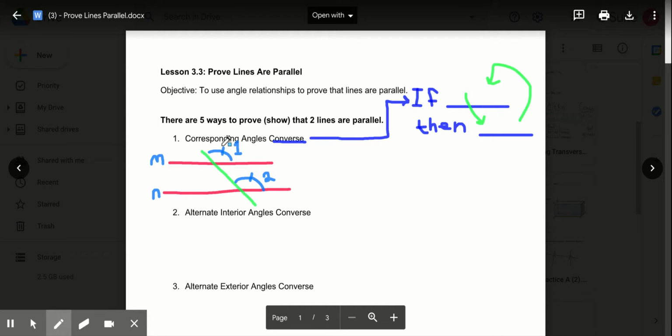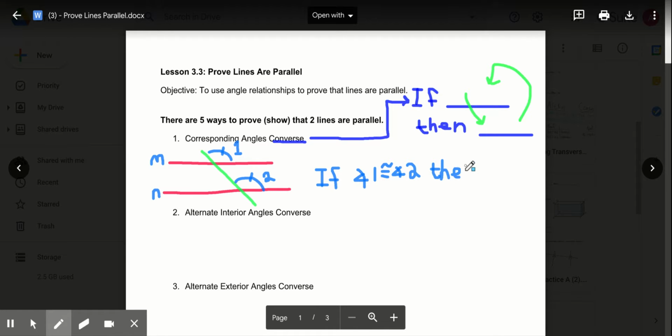Well, the converse of the corresponding angles theorem basically allows us to say, if angle 1 is congruent to angle 2, then M must be parallel to N, right?